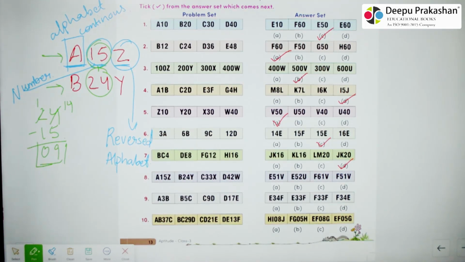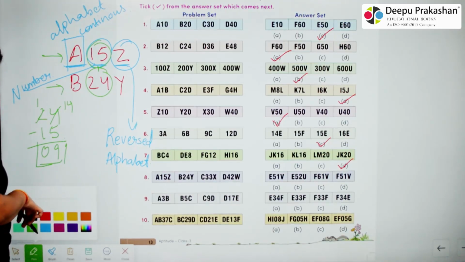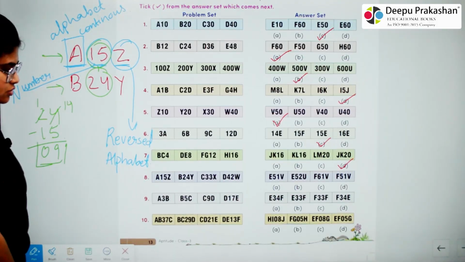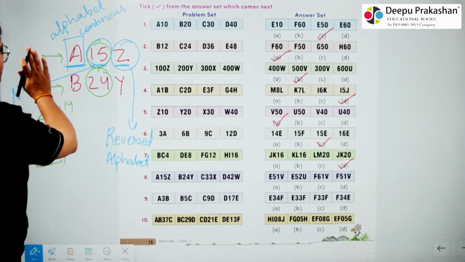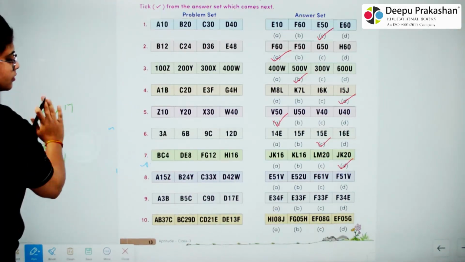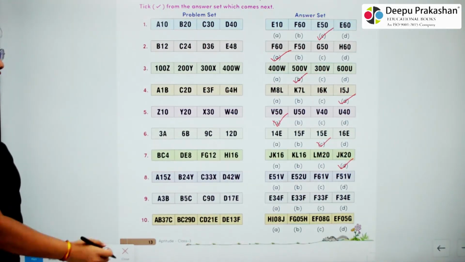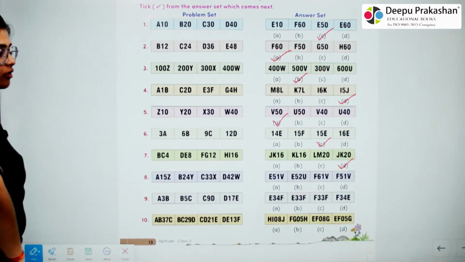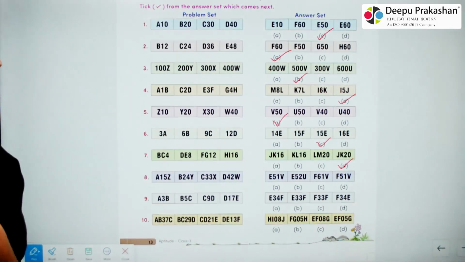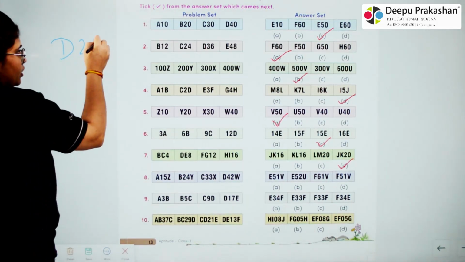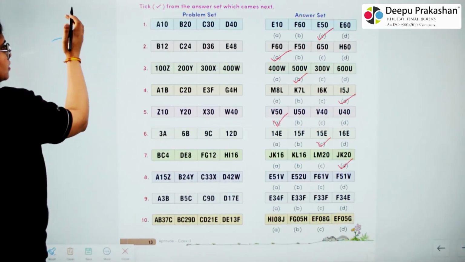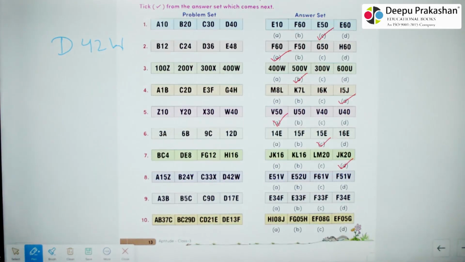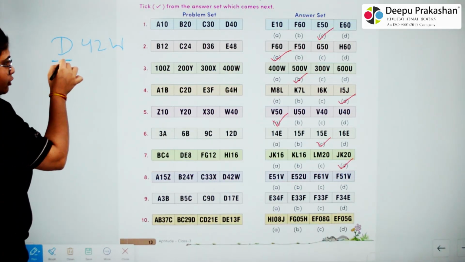So to get the next number that is asked, we have to see the last pair that is given to us, that is D42W.